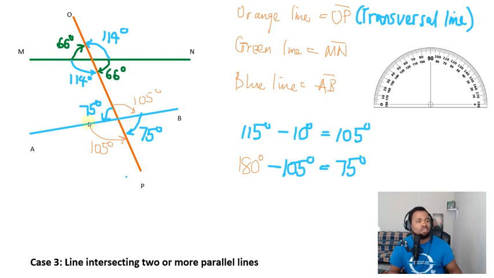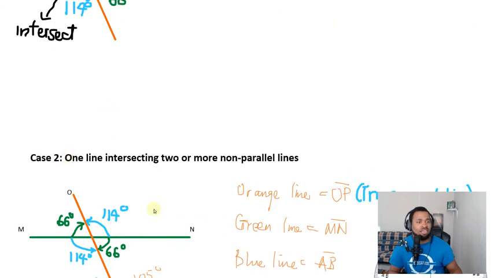As a result of that, we are going to make our conclusion that, hey, this line MN, which I'm going to write right here, MN line is not, I'll use a red line to create a stroke, it is not parallel to the line AB. So this is something to keep in mind in this particular case right here. And so this is where we are done with our case number 2.